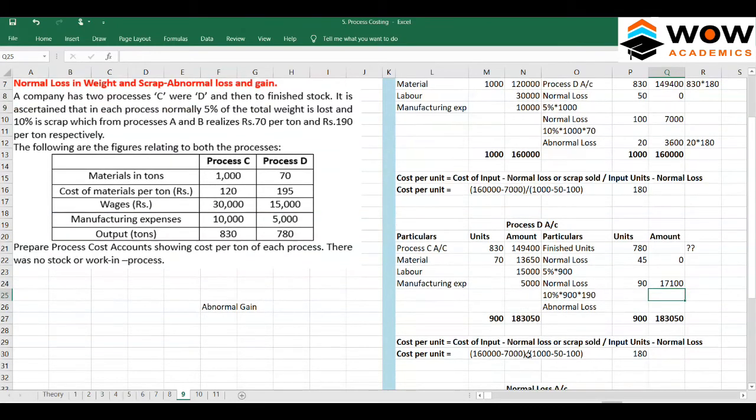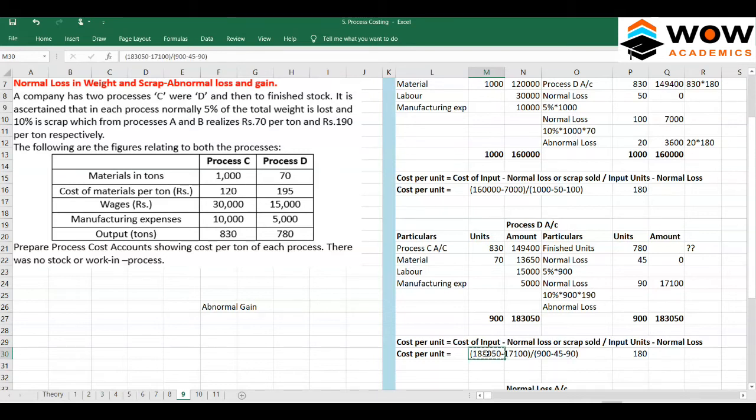Okay, so we'll find out the cost per unit. Total cost is 1,83,050. Normal loss is 17100. This is 900. Scrap is 45 and normal loss is 90.